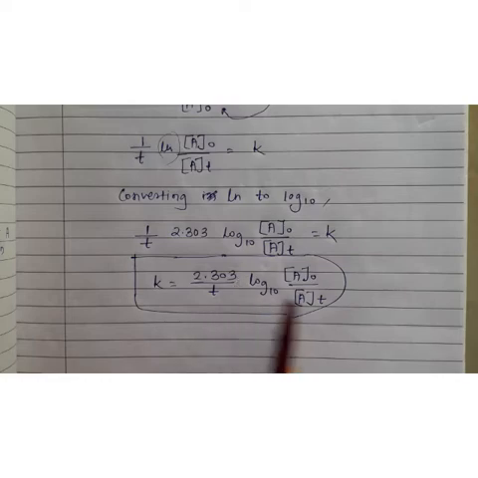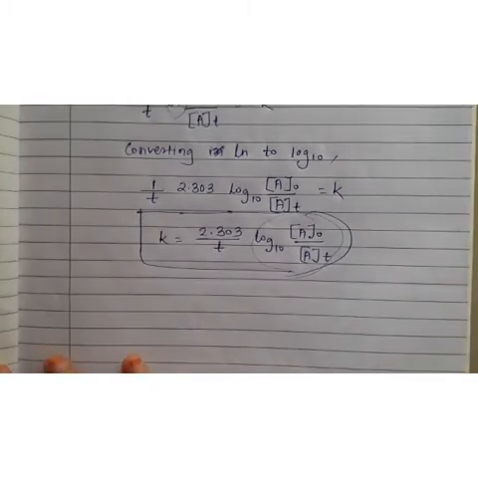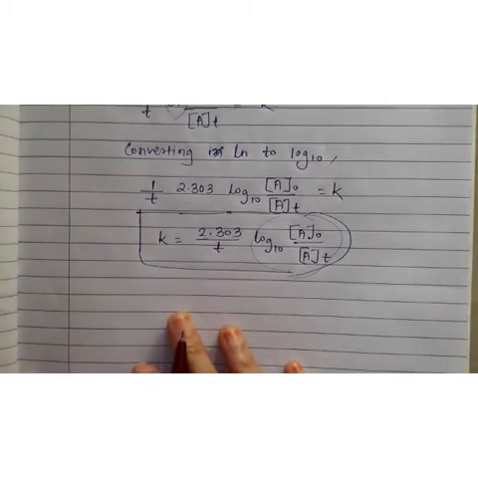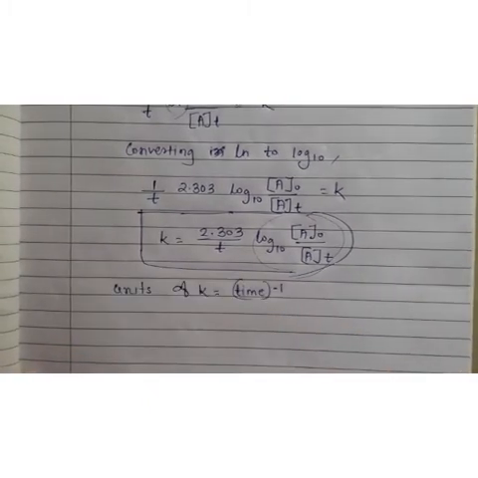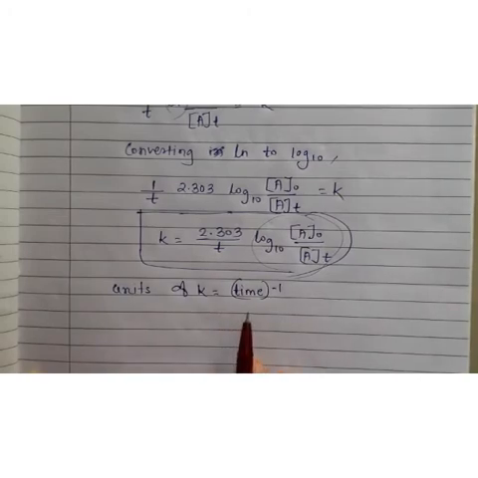Then log to the base 10 A0 upon AT is a unitless quantity, a number. Now what is remaining? T, time. So what will be the unit of rate constant? The unit of rate constant will be time inverse. Understand? So the unit of K is time inverse.